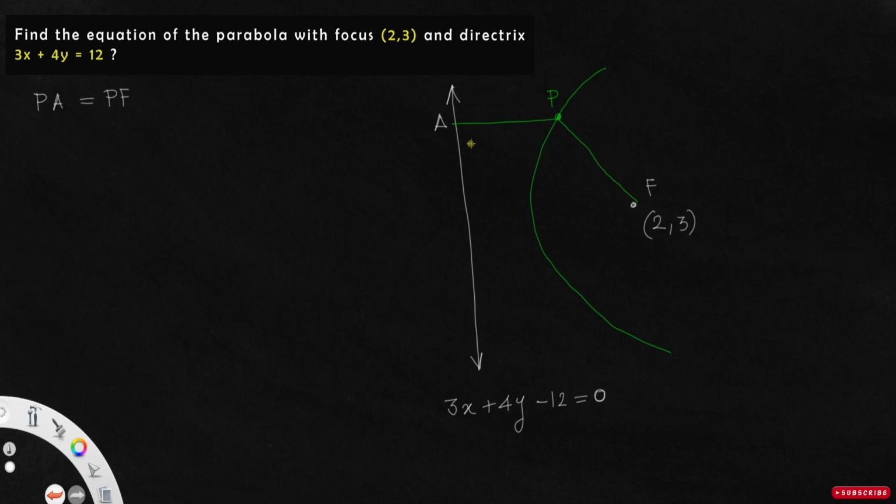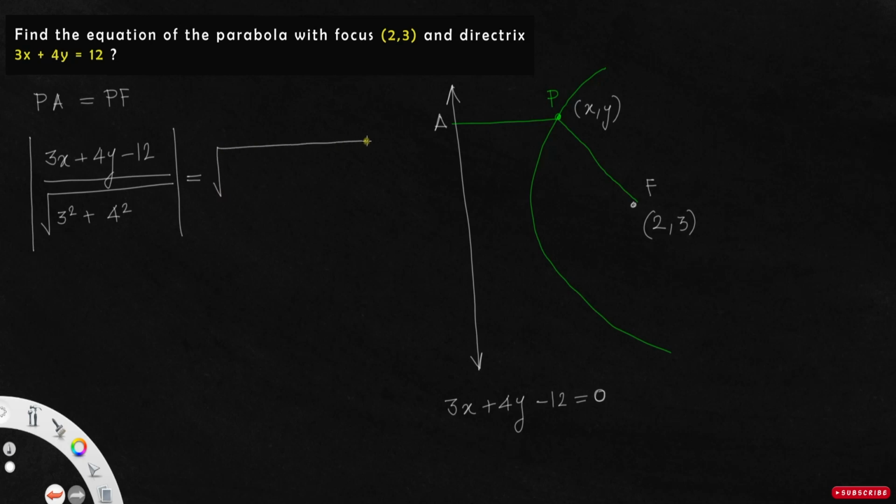Now the distance of the point, let's say this point P, some (x, y), from the line 3x plus 4y minus 12 will be magnitude of 3x plus 4y minus 12 divided by root of, the coefficient of x is 3 square plus coefficient of y is 4 square, which is equal to root of this distance. You can find it using the distance formula.